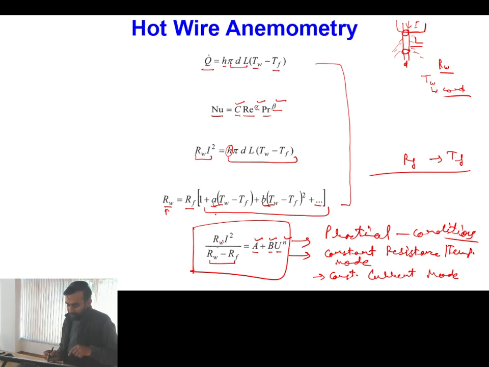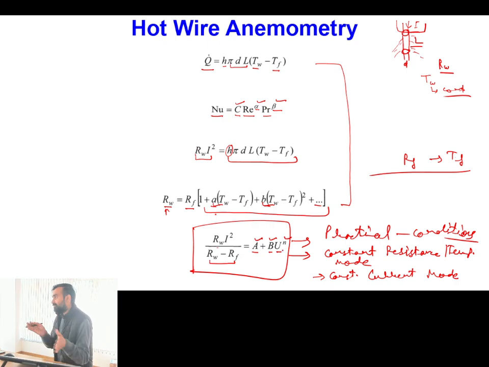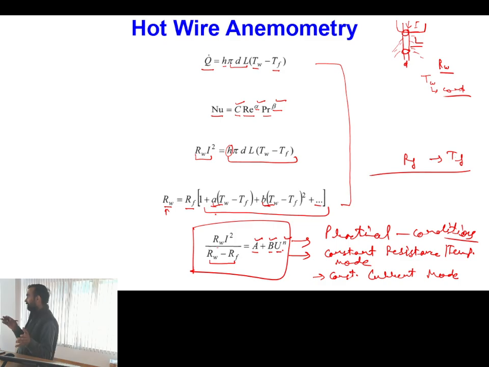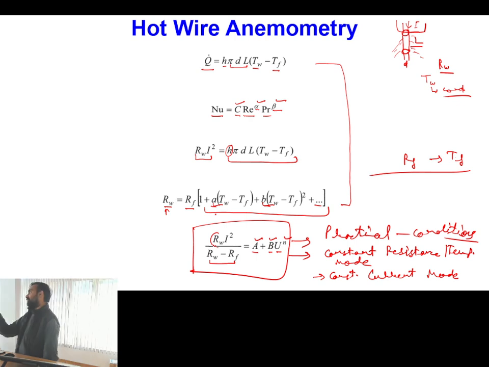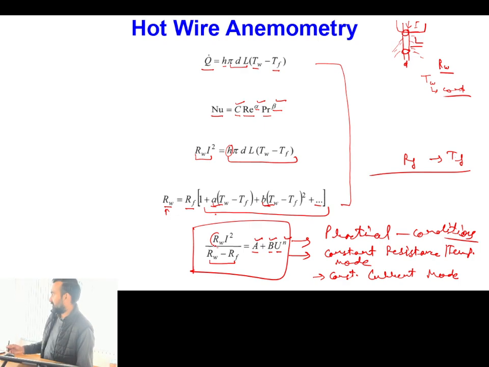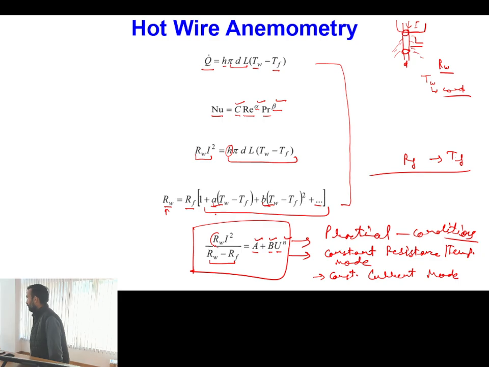In constant current mode, you maintain a constant current in the wire, and if you decrease the velocity, what will happen? The rate of convective heat transfer will decrease, so slowly the wire will start heating. If the wire is heating, there will be changes in the resistance. So whatever change there is in the resistance corresponding to velocity will give you the correlation of velocity and resistance. So you will be measuring resistance, but ultimately that resistance will be correlated to the velocity field.